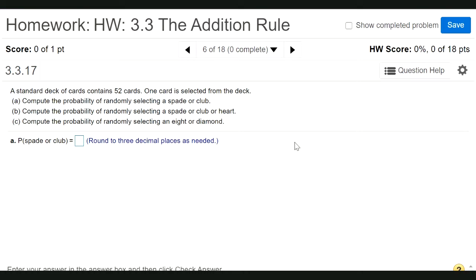So here we have a standard deck of cards that contains 52 cards, and we've looked at that sample space before. It says one card is selected from the deck. Now what I'm going to work with you on is writing the probability statements and applying the formula. Most of these are OR probabilities.